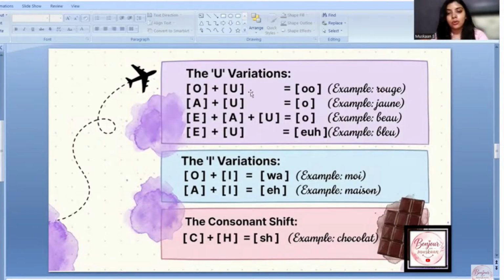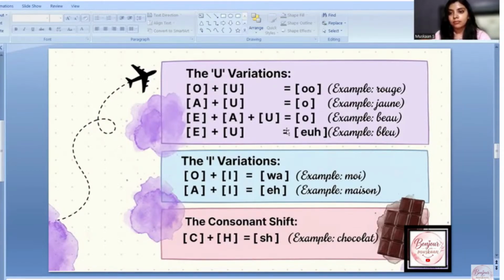O plus U sounds like "oo". For example, rouge. Rouge here is red. Second is A plus U, which sounds like O. Example, jaune. Then E plus A plus U, O. Example, beau.